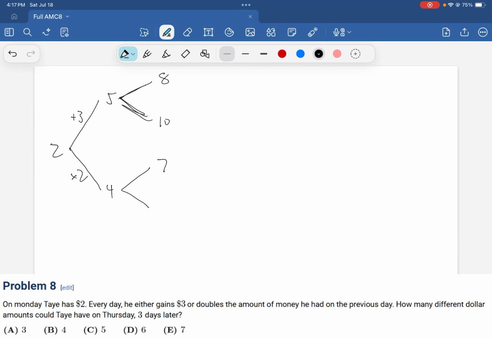Now 8 plus 3 becomes 11, and times 2 becomes 16. For 10, plus 3 becomes 13, times 2 is 20. For 7, plus 3 is 10, and times 2 is 14. All these numbers are distinct, which means there are 1, 2, 3, 4, 5, 6 possible values. So the answer is D.